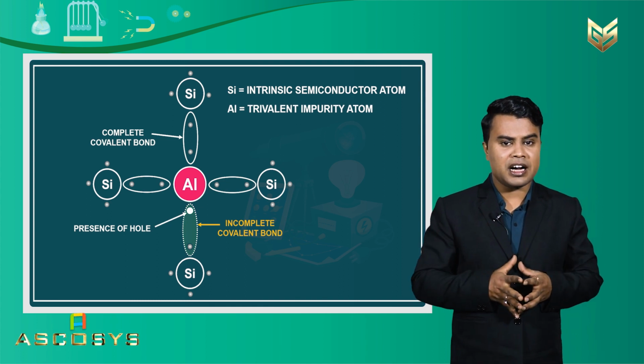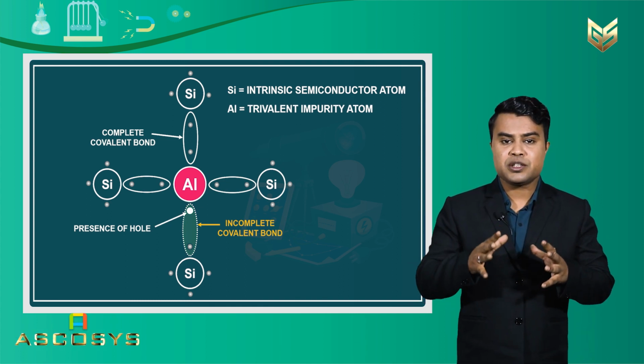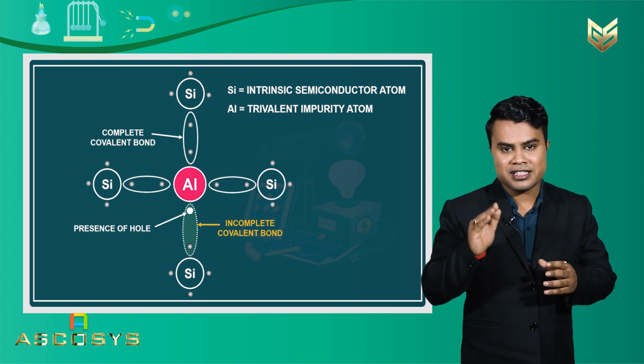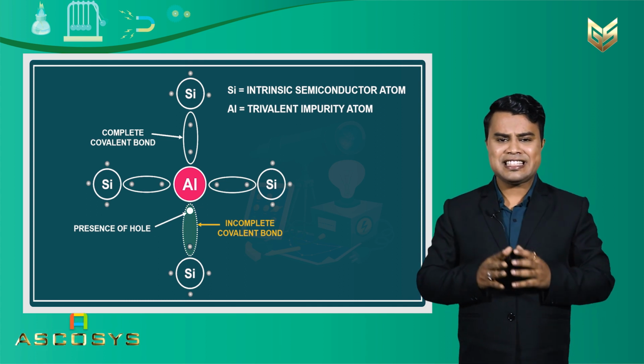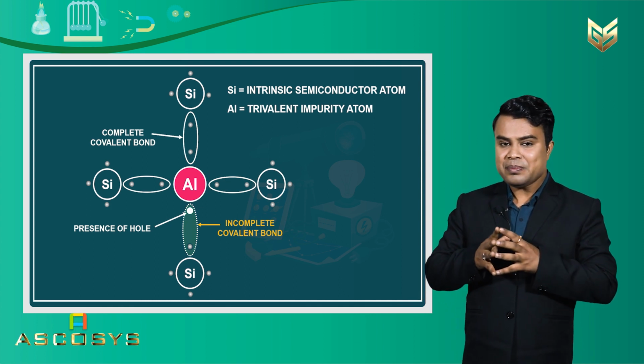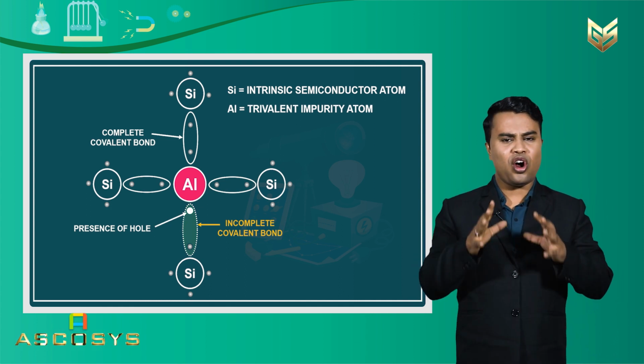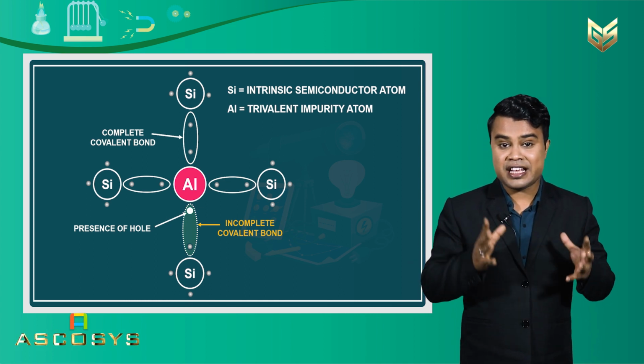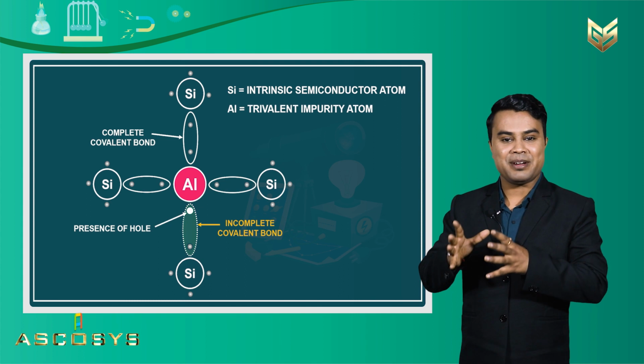So in a semiconductor, not only electrons take part in conductivity, there are holes also which take part in conductivity. So in p-type semiconductor there are a lot of holes present, holes being positively charged, therefore it is named as positive type semiconductor.